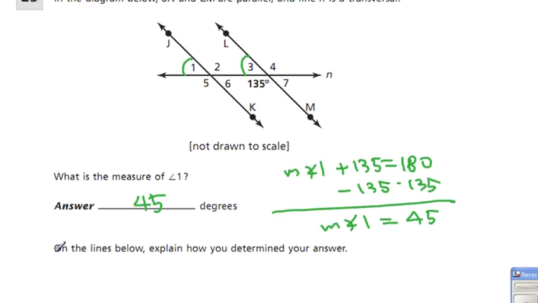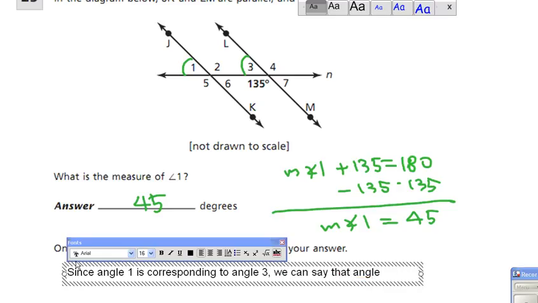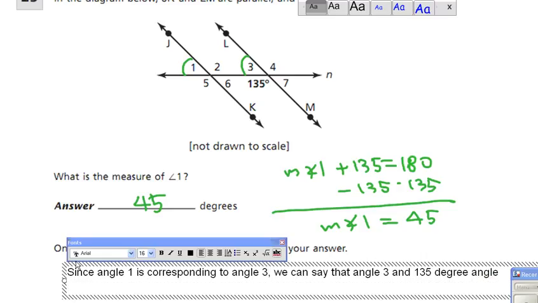How do you determine the angle? We can simply write down, since angle 1 is corresponding to angle 3, we can say that angle 3 and 135 degrees, the angles, are supplementary.